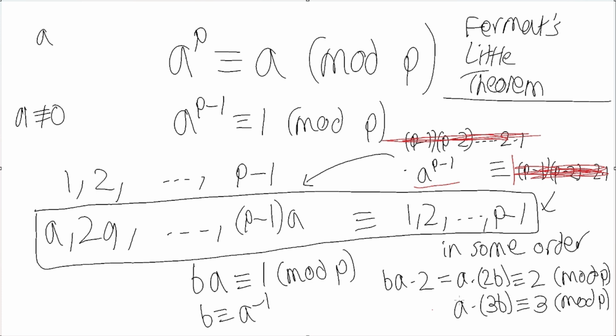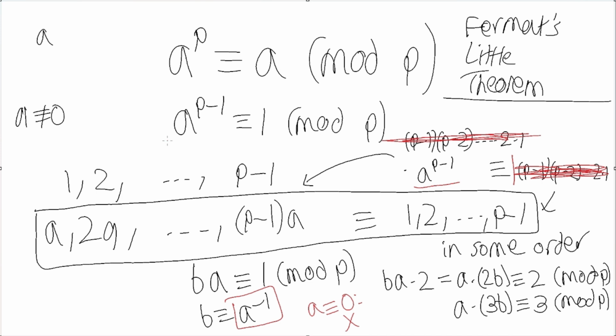But there's one thing we need to be careful of, and this is the reason why we checked a equals 0 to begin with. The reason is that we can't do this modular inverse step here if a is equivalent to 0, because 0 does not have a modular inverse mod p. So that means that we have to check 0 separately.